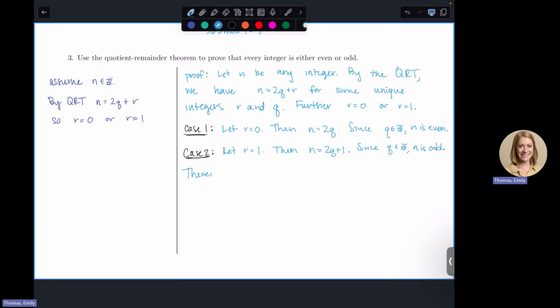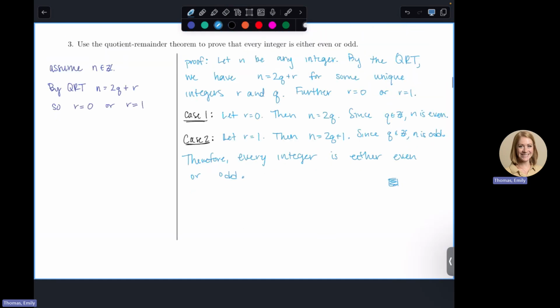Therefore, every integer is either even or odd. Cool, huh?